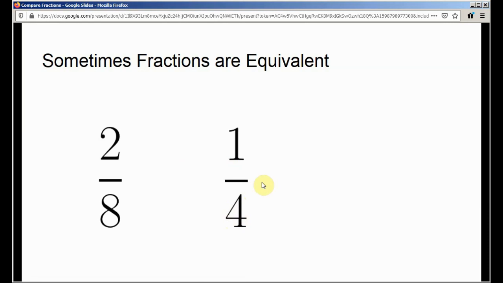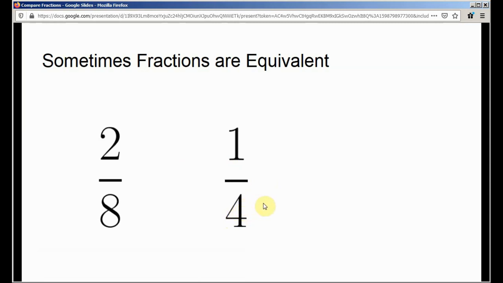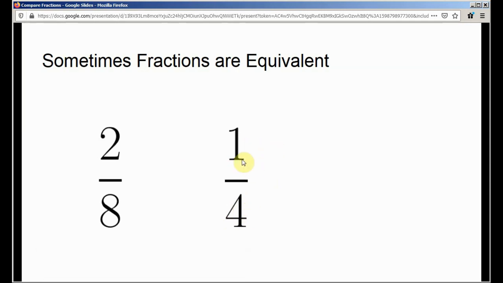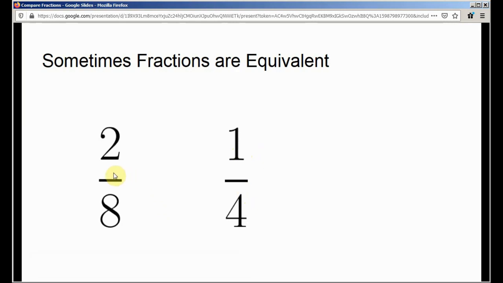So for 1 by 4, I can do 4 into 2 will give me 8, and 1 into 2 will give me 2. So I am getting 2 by 8, the same thing that is on the other side. I am getting the same fraction.